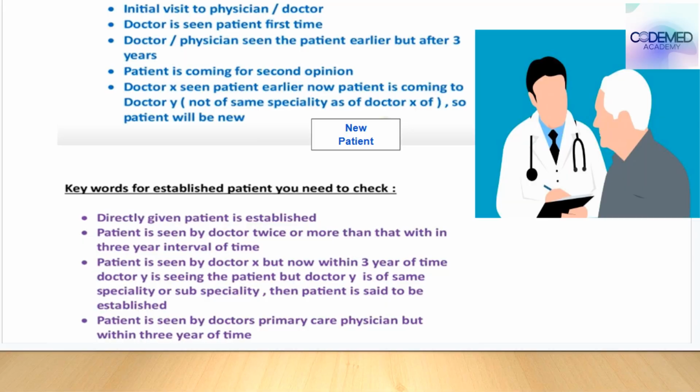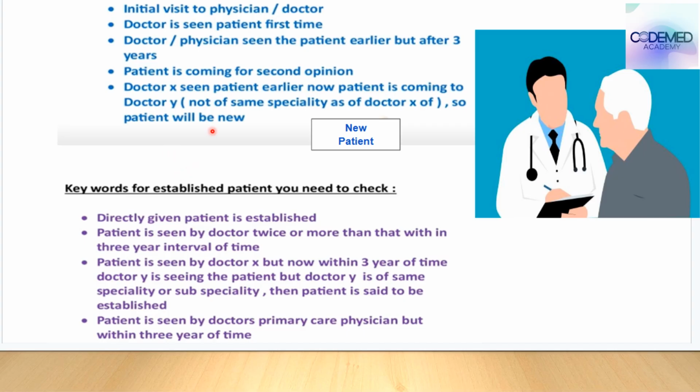Now, one must pay attention to the different keywords that they use for the new or the established patient. If it is a new patient, they will use the words initial visit to the physician, or the doctor has seen the patient for the first time, or the physician saw the patient earlier but that visit was 3 years prior or before 3 years. Then he becomes a new patient. If the patient is coming for a second opinion, he is a new patient.